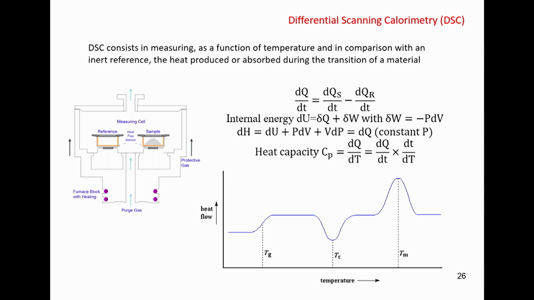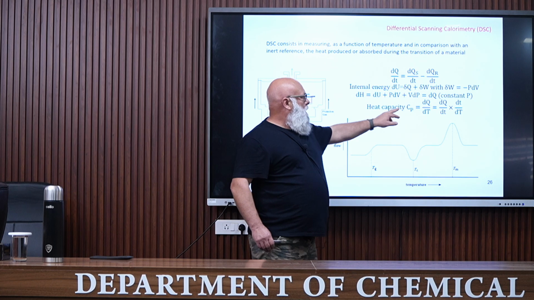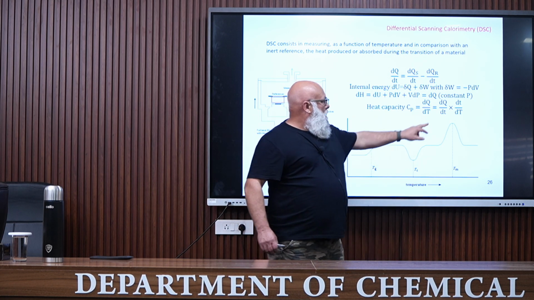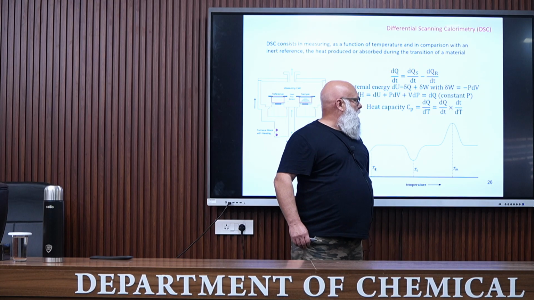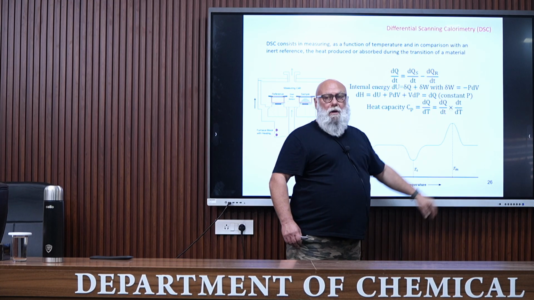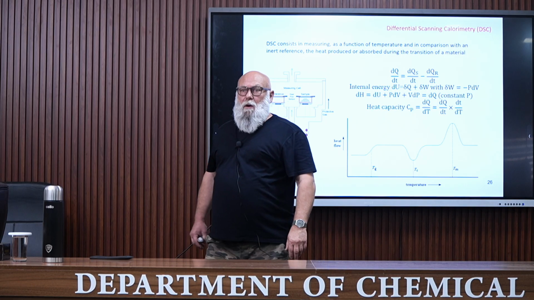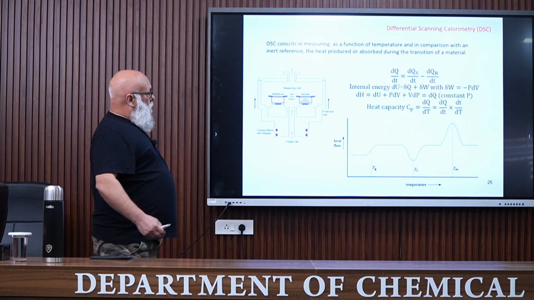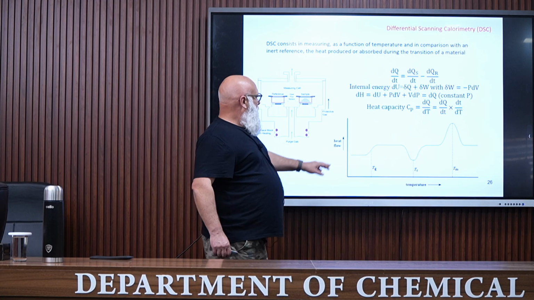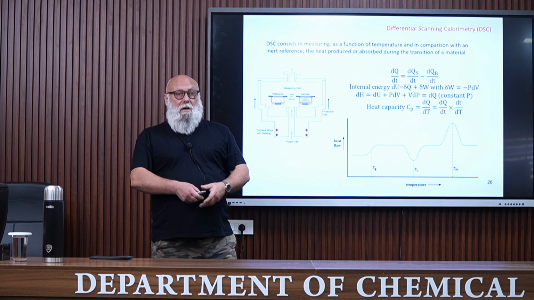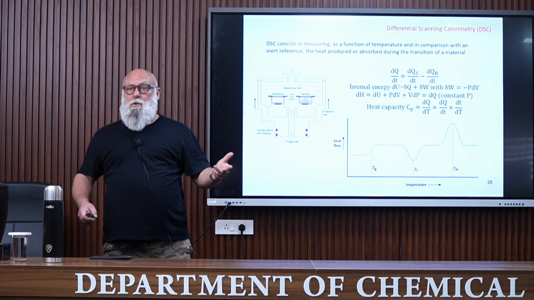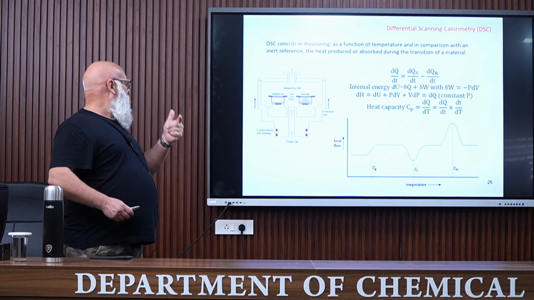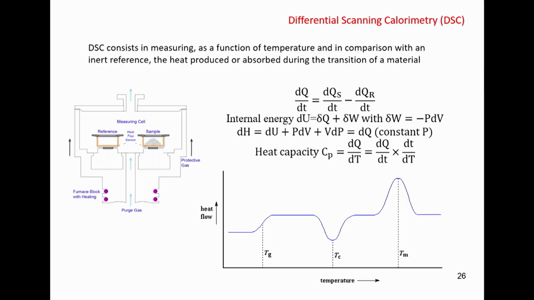And it is equivalent to the heat capacity, which is defined by this equation, so it can be written like this. And this parameter, which is the heating rate or cooling rate, is constant, meaning that we can also report here the heat capacity. We can use these three parameters: heat flow, enthalpy flow, or heat capacity.